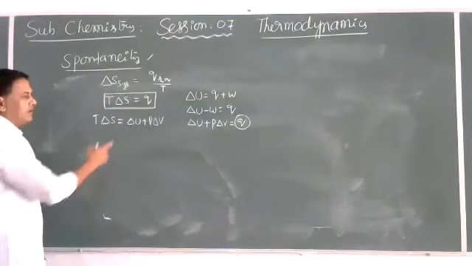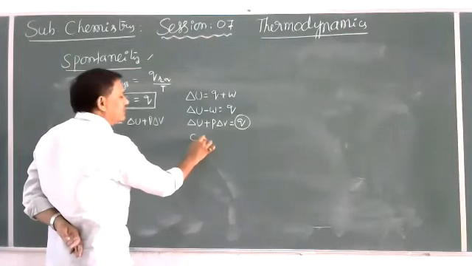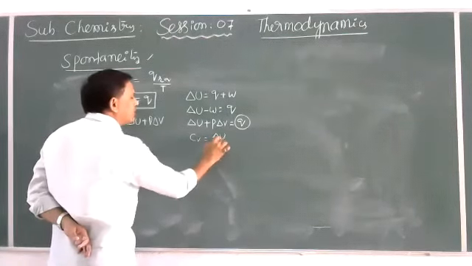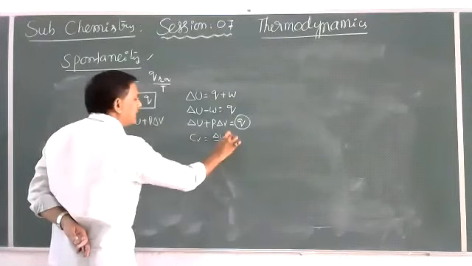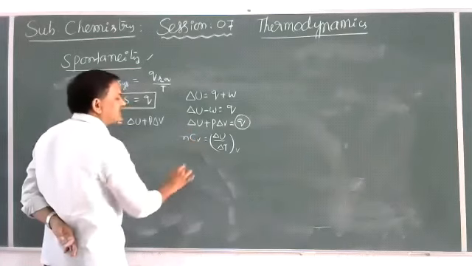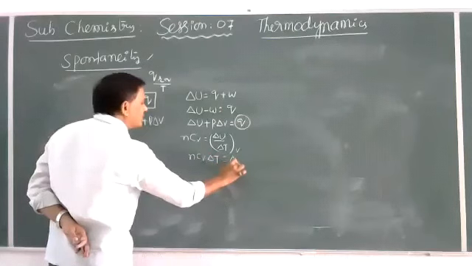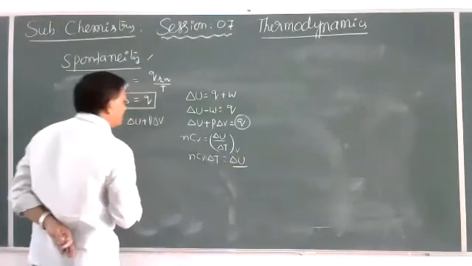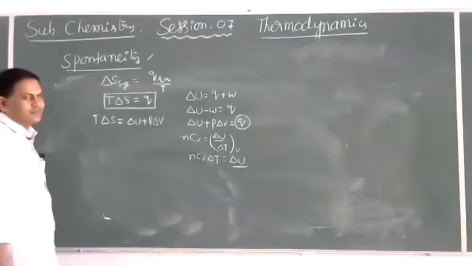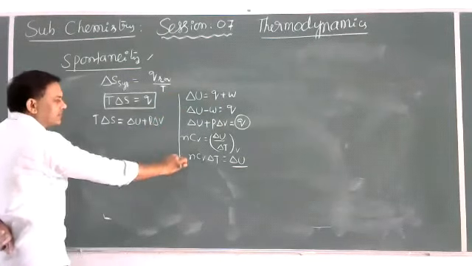Now, according to the heat capacity at constant volume, CV is equal to delta U by delta T at constant volume. For n moles it means nCV. Here nCV delta T is equal to delta U. Instead of this delta U, we can write this value. All these were derived in previous classes.